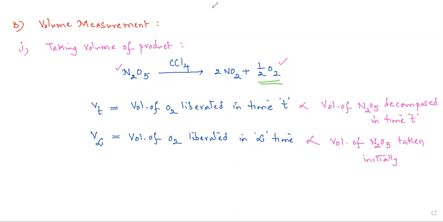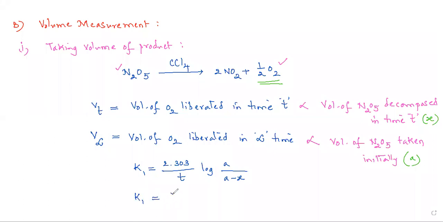Okay, now decomposed in time t is your x, taken initially is your a. This is very interesting. Now, as usual, let us substitute this in the expression. K1 is equal to 2.303 by t log, of course, a by a minus x. But now this a and x have got some other terms.